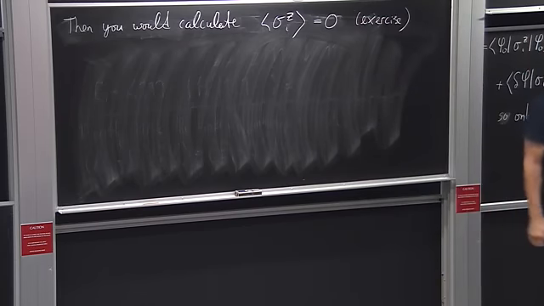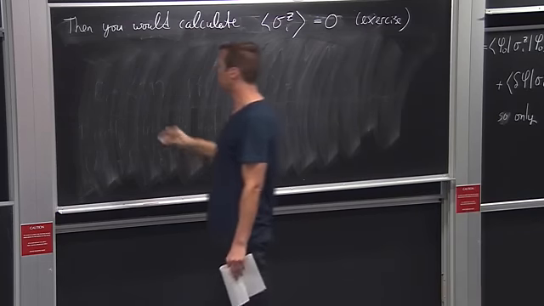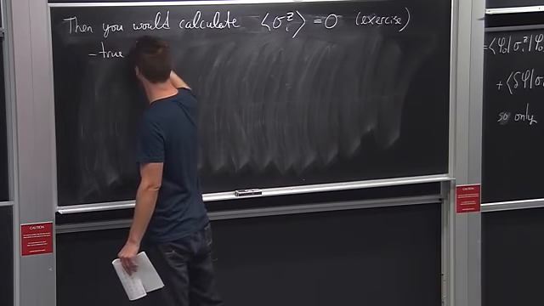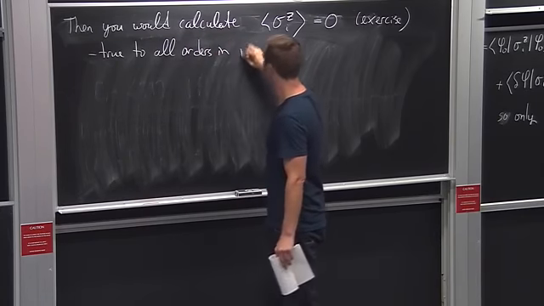But the expectation value of sigma z, you can show will be 0. And this is actually true to all orders in perturbation theory.